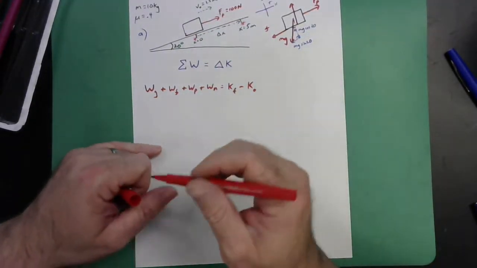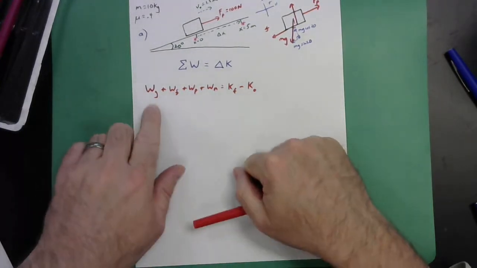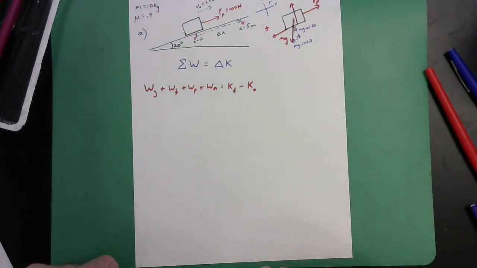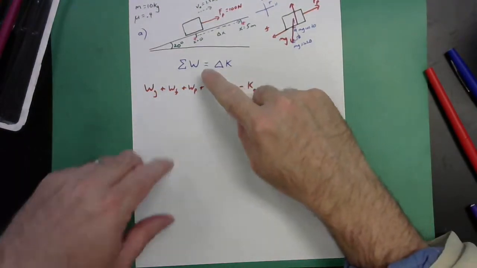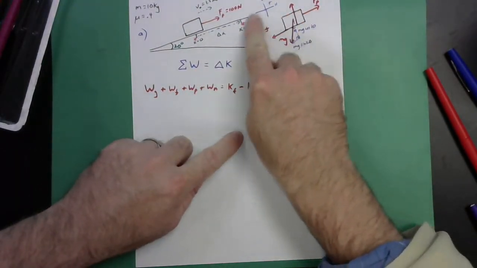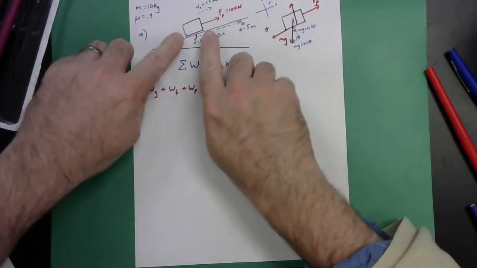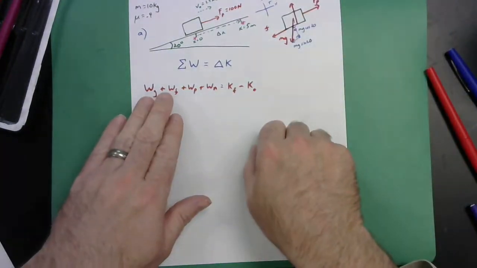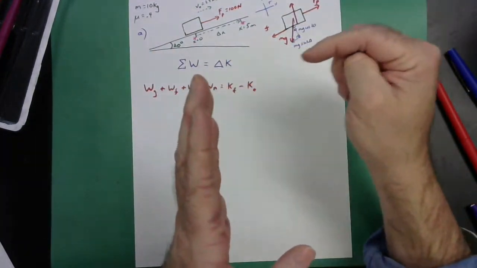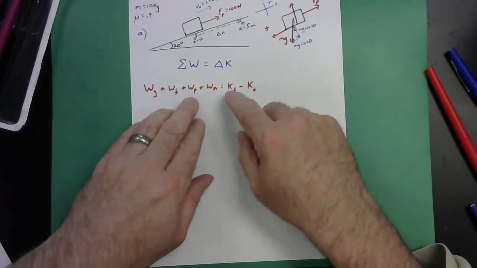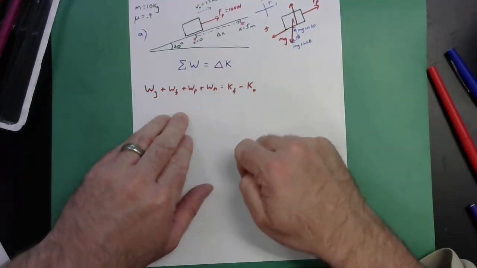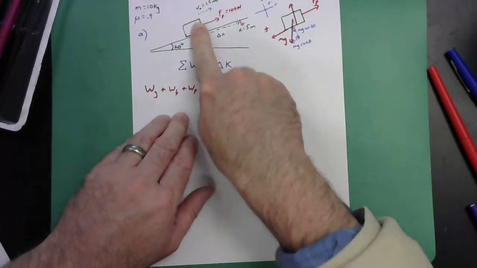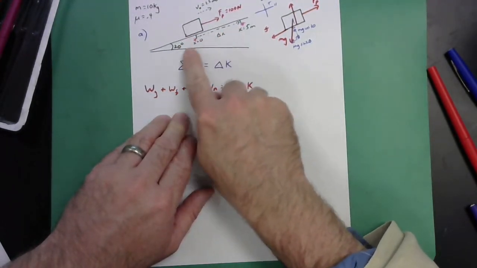Now each of these work terms I can go ahead and analyze. We remember that in order to do work, a force has to be pushing along the direction of motion. Pushing with the motion means that force is pumping more energy into the system, doing positive work. Pushing against the motion, it's trying to slow the system down, doing negative work, reducing the kinetic energy of the system. If a force only pushes perpendicular to the motion, then it's not helping it to get any faster or slower.